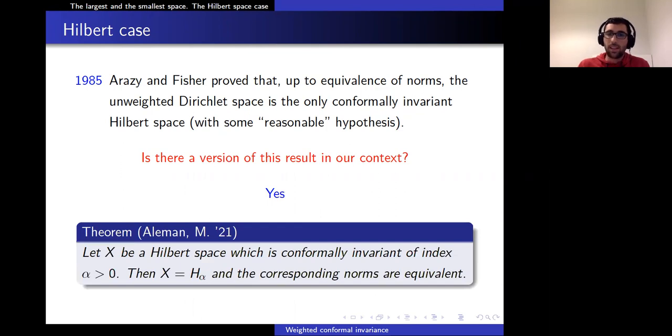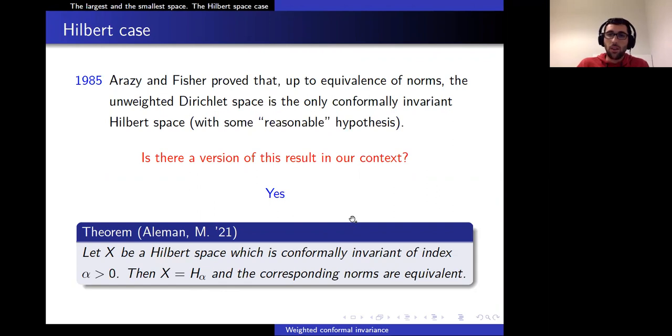We can see that the unique conformal invariant Hilbert space of index alpha is this H alpha space. Recall that this space H alpha is either the Hardy space H2 or a weighted Bergman space or a weighted Dirichlet space. Of course, all of this up to equivalence of norms.